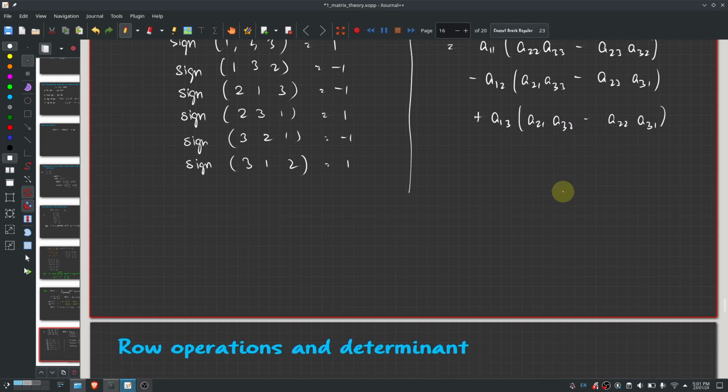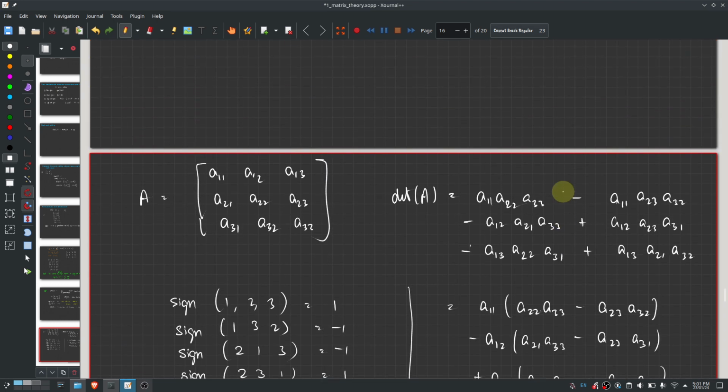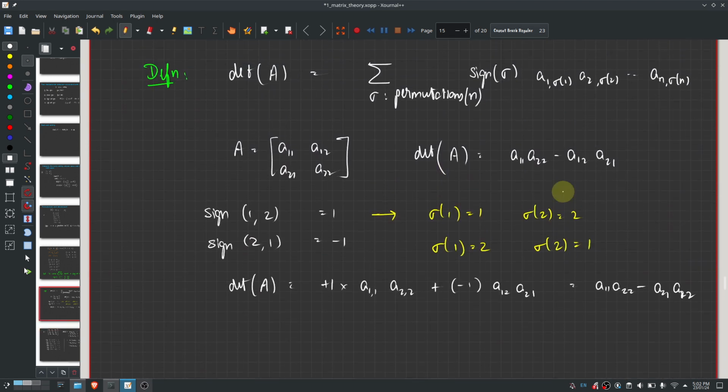Okay, but even in using this particular approach, what is the complexity required? What is the complexity of computing the determinant of an n by n matrix? How many operations do I have to perform? So how many terms are there? There are n factorial terms. For each term, I need to compute n minus 1 products, right? I need to multiply n terms.